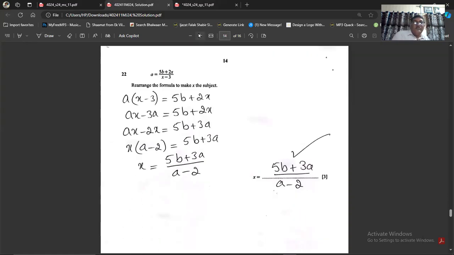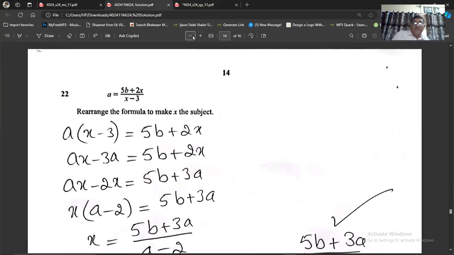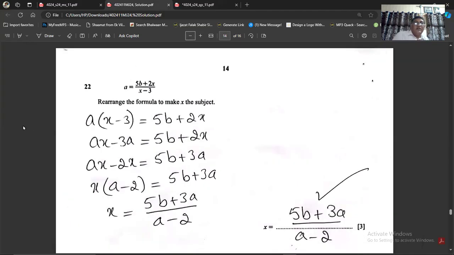What I'm going to do is cross multiply. So A bracket x minus 3 equals 5B plus 2x. So Ax minus 3A equals 5B plus 2x. The terms which have x, bring them on one side. So Ax minus 2x is equal to 5B plus 3A.